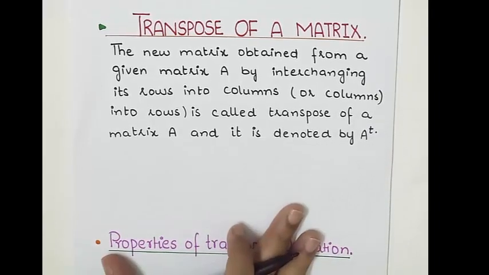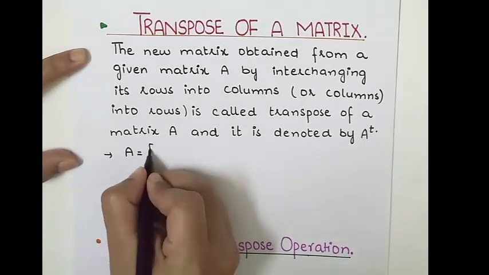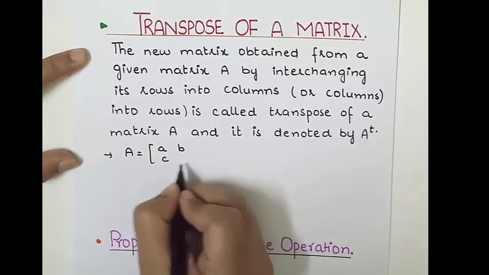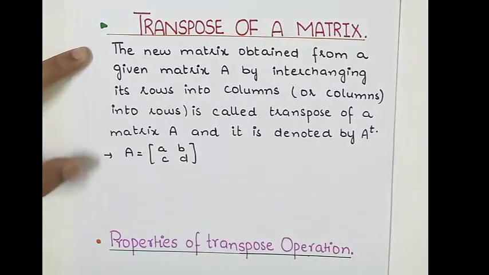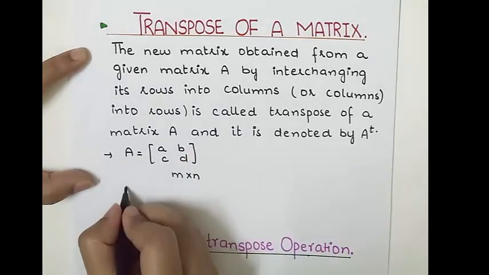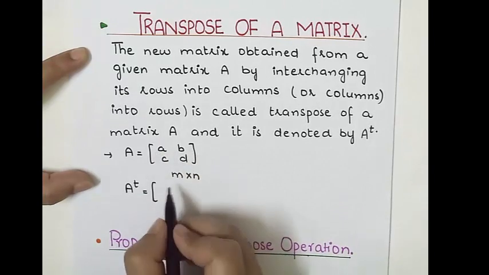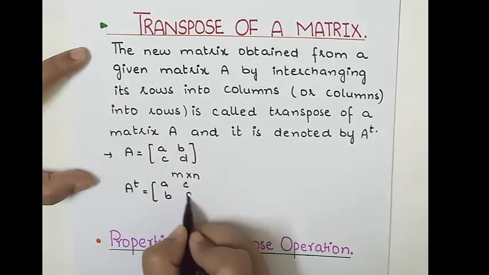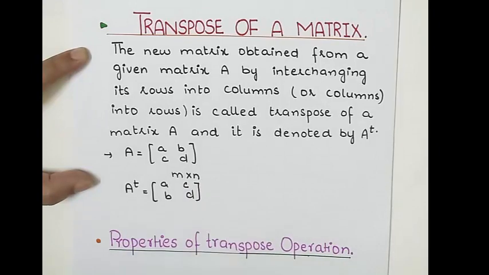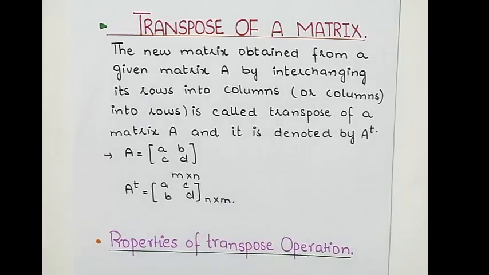If A is a matrix of order m cross n, suppose we have a matrix A with entries A, B, C, D, and it has the order m cross n. So when we take the transpose of a matrix, which is obtained when we change the rows into columns, now the order of the new matrix after taking the transpose is n cross m.